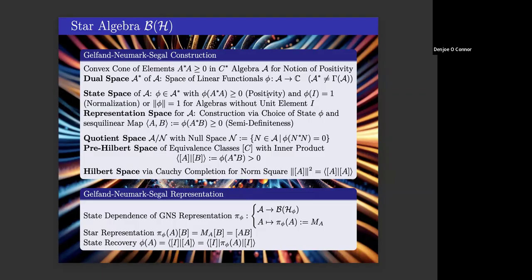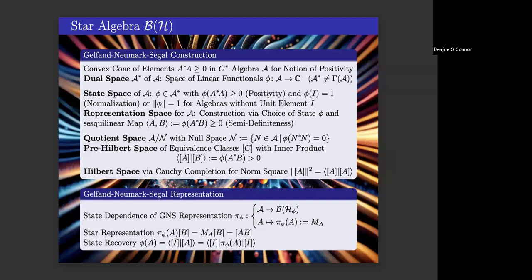So now you have to mod out this indefiniteness, like you have to mod out the null space in this Gaussian space. You take the algebra, mod out the null space, and then you get a pre-Hilbert space. And because of this, you now have the equivalence classes. And now you can define an inner product, which is positive definite, which you need. Right? So now you have a true inner product, and this gives you now, if you do the Cauchy completion with respect to the norm induced by this inner product, you get a Hilbert space.